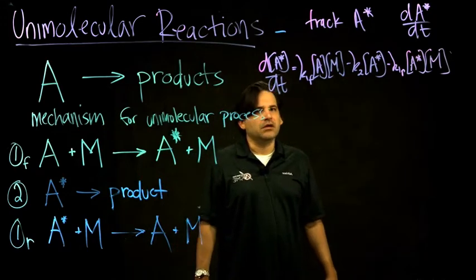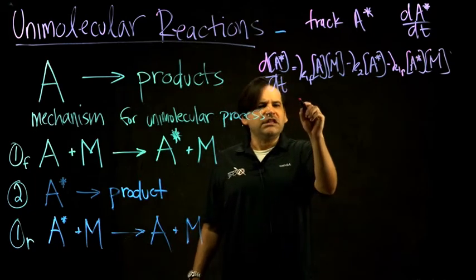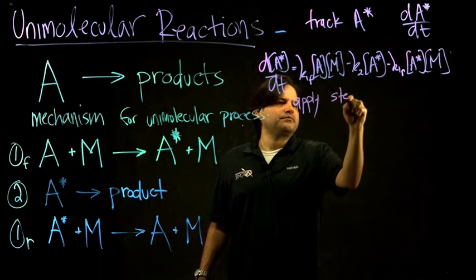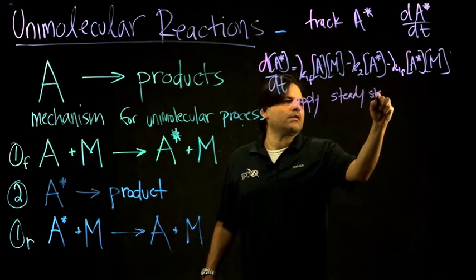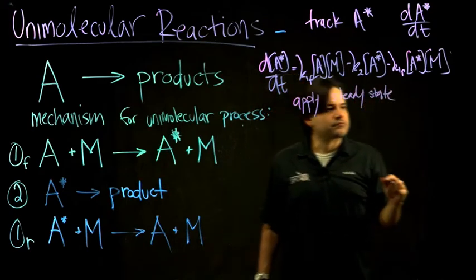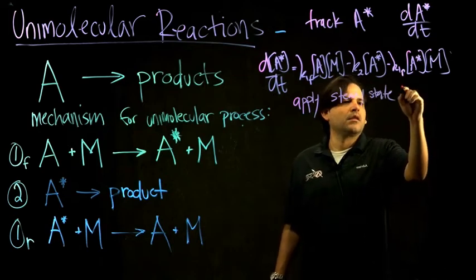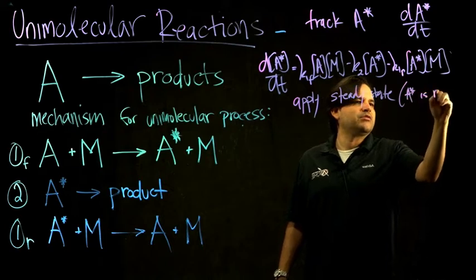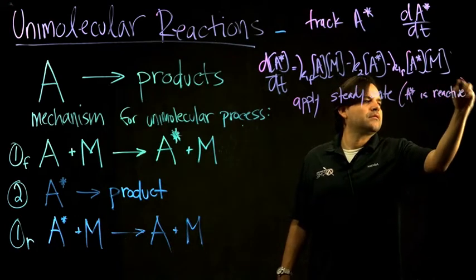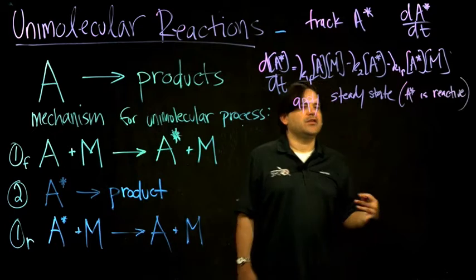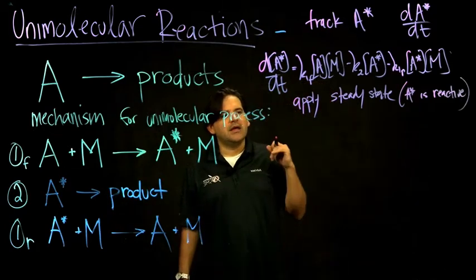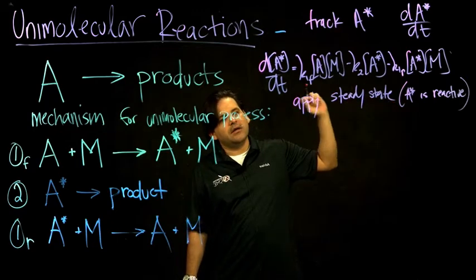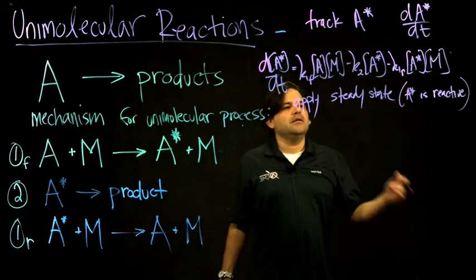Okay? So if we apply the steady state approximation, because this activated species is reactive, it reacts immediately after it gets produced, and it could either accumulate with time or get depleted.